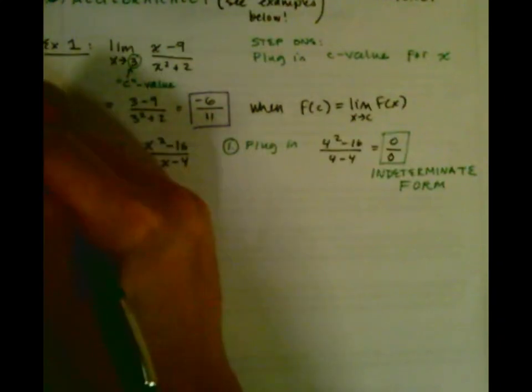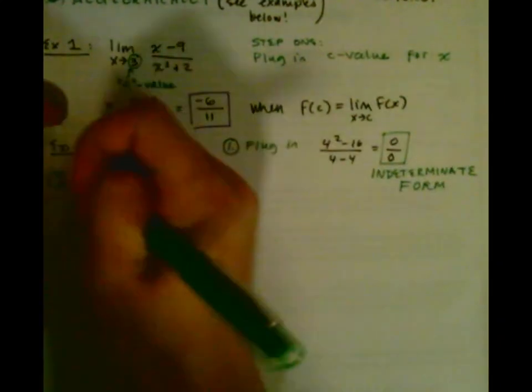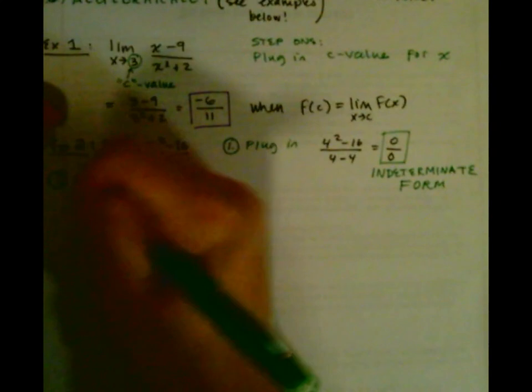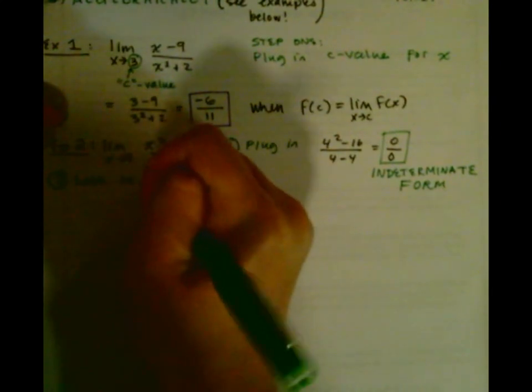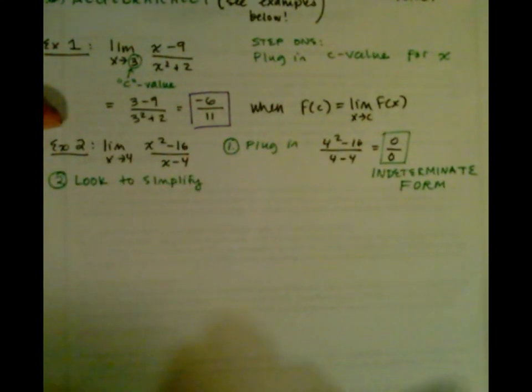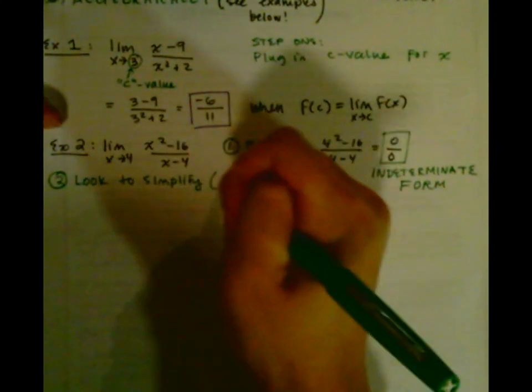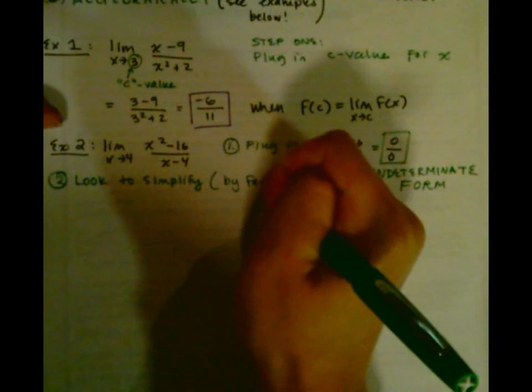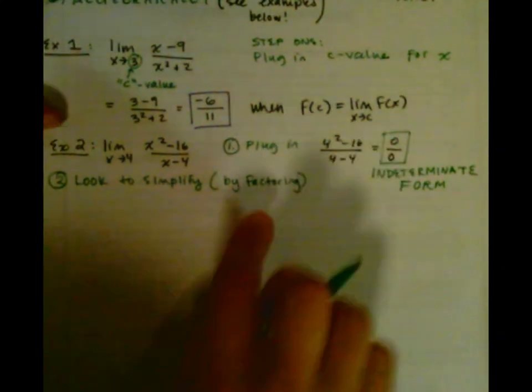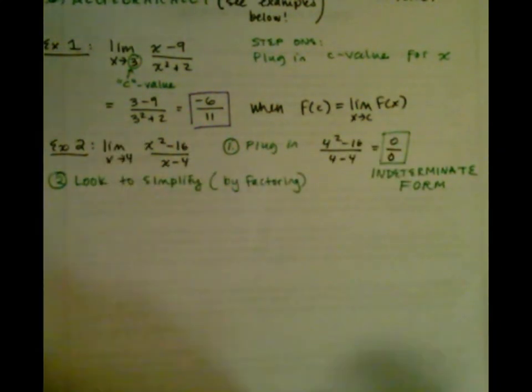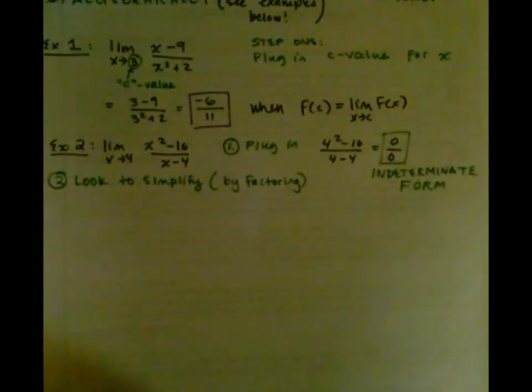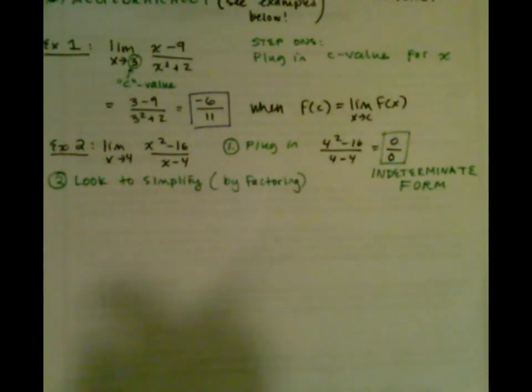So step 2 is, I'm going to write, look to simplify. This is a little bit vague, since it depends on what type of function we're given. Here we're going to do it by factoring, because looking at this function, I can already tell I can factor the numerator.